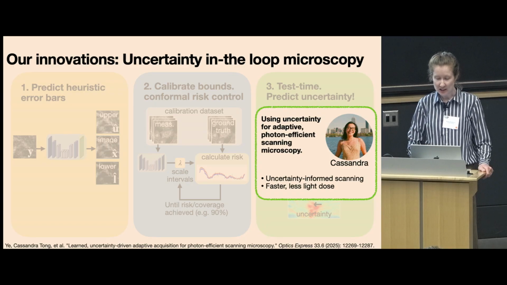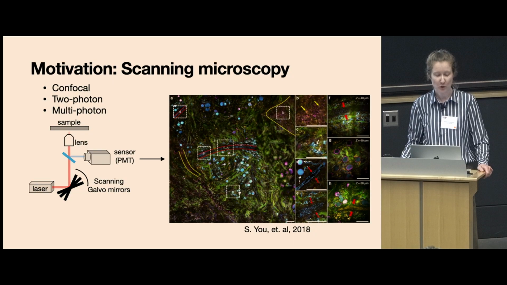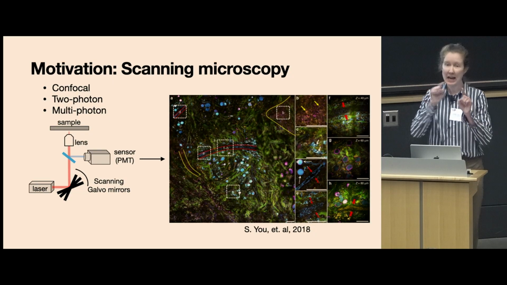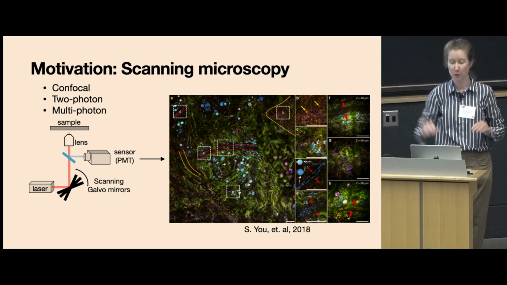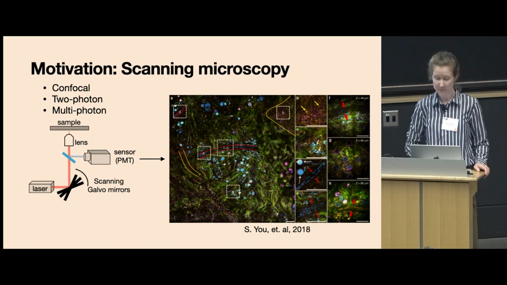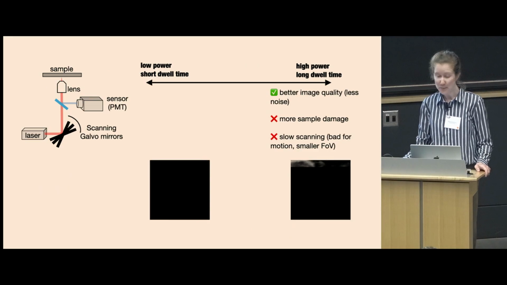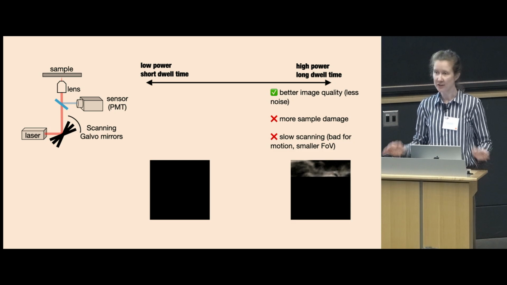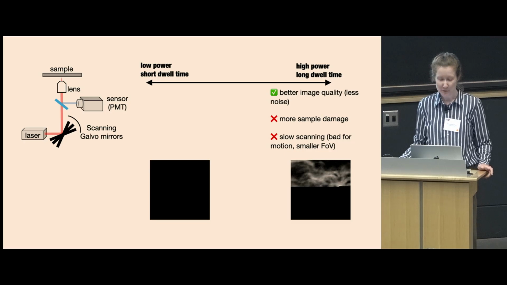So one application here is in scanning microscopy, such as confocal, two-photon, and multiphoton. Generally, the microscope system will actually scan point by point to build up a whole image or volume, which takes a lot of time. So there's a trade-off here. You could have a very high-power laser and a very long dwell time. So essentially, you're averaging a lot of signal together to get really good image quality.